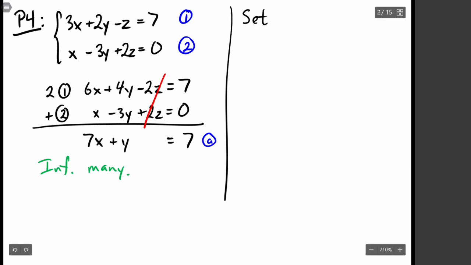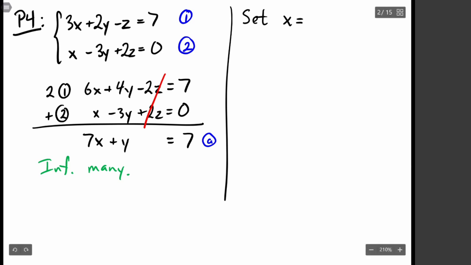We need to, again, pick a variable and set it to be one of our parameters. And we should use something from this equation here. Now, there's no rule for which one you need to set as your parameter, but think about which variable is easier to solve for. So y is really easy to solve for, which means we should make x our parameter.